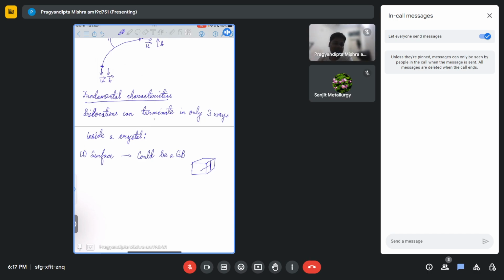Now we'll understand what grain boundaries are later on, but just to get a glimpse of what a grain boundary is, you can think of it as the crystals being present. This is crystal 1. This is crystal 2, like this. So this boundary that separates crystal 1 and crystal 2 is known as a grain boundary.